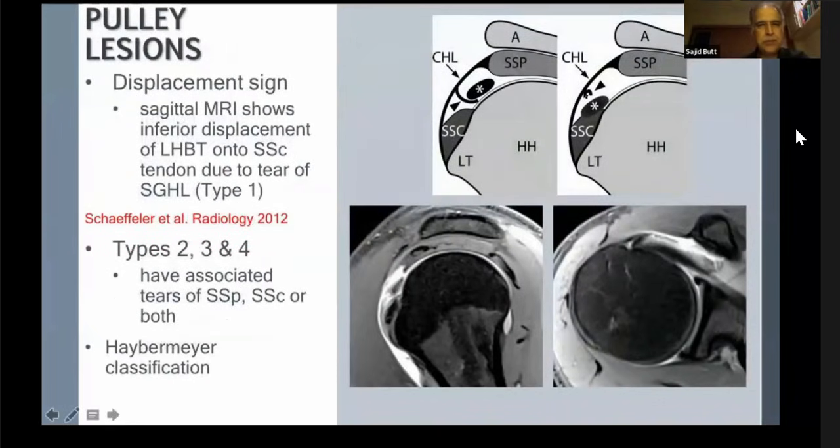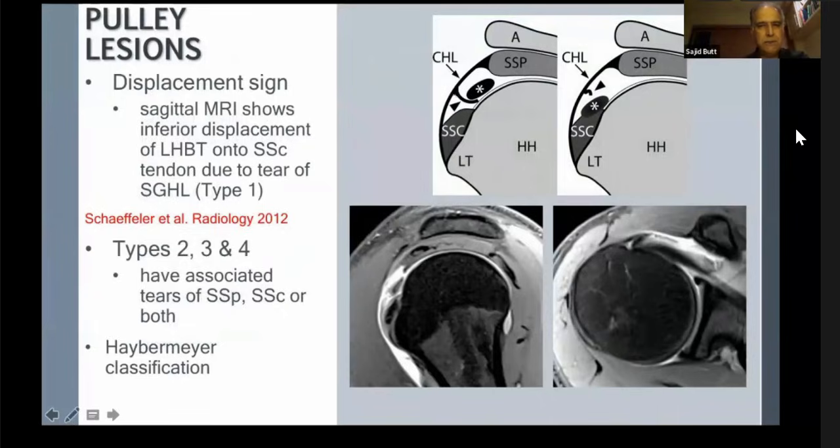The pulley lesions are nicely described in this schematic drawing. Remember, this is the region of the rotator interval, and I told you that the coracohumeral ligament attaches to the lateral and medial lips of the biceps groove, but the superior glenohumeral ligament actually separates the subscapularis from the biceps tendon.